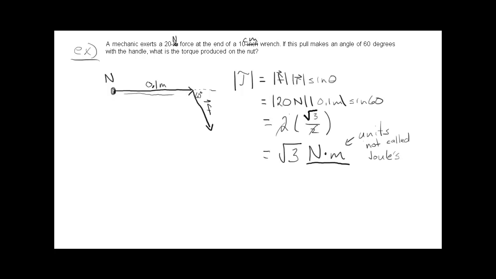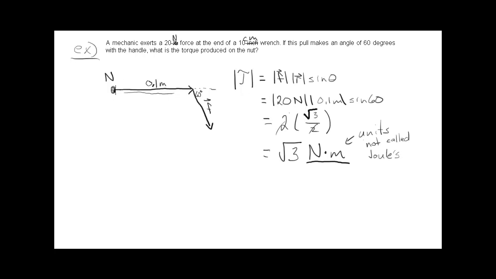So that's the magnitude of the torque, but I still haven't said what the direction is. Torque is a vector, so it has a direction too. You just have to think about the right hand rule. This would be your index finger. This would be your middle finger. So if that was the case, then your thumb would be pointed down.